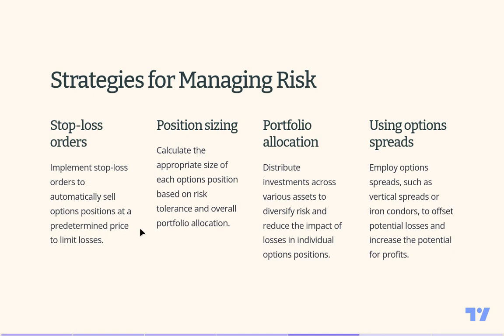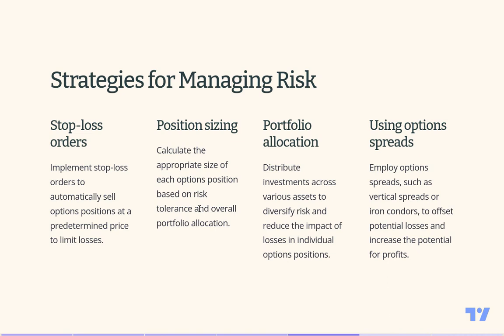In the beginning, you could use stop loss orders, especially when you are testing a strategy and you're not sure. When you become a professional, you kind of know your risk level. But in the beginning, as a beginner, definitely take advantage of stop loss orders. Number two, position sizing. You need to calculate the appropriate size for each position. Basically, how much are you willing to risk?